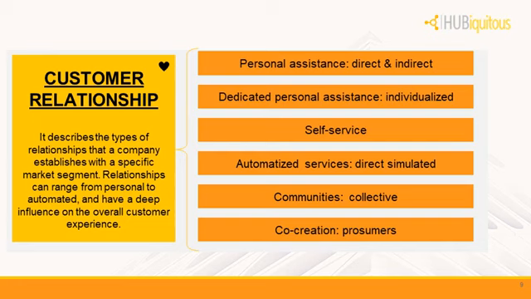Then you have automated services that are directly simulated. These automated services, as I have said, could be a chatbot. For example, if you enter a website, you have any doubt, and there's a small pop-up on one side of the web page, and in this pop-up you have a chat. You ask questions, and the chat answers you automatically using artificial intelligence and gives you a solution to simple questions, okay?